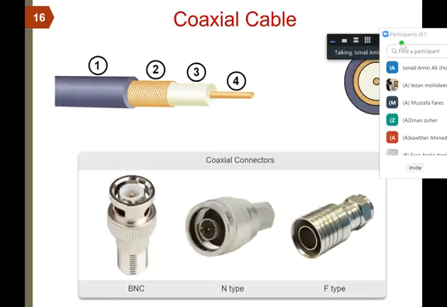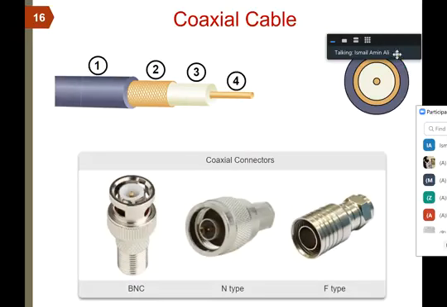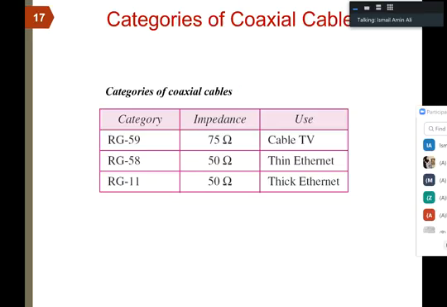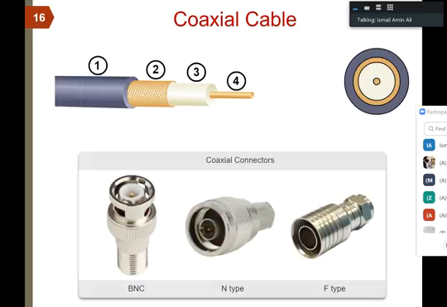We have the other type, which is called coaxial cable. Coaxial cables were common in the earlier days, but nowadays they are not that much used. In coaxial cable, this is like the TV antenna cable that you use at home. This is the copper.